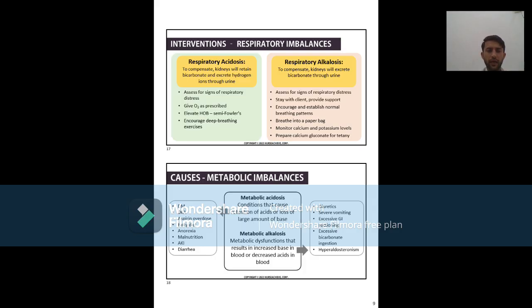In hyperaldosteronism, high levels of the hormone aldosterone force the kidney to retain sodium and dump potassium and hydrogen ions into the urine. This continuous loss of acid ions directly triggers metabolic alkalosis.